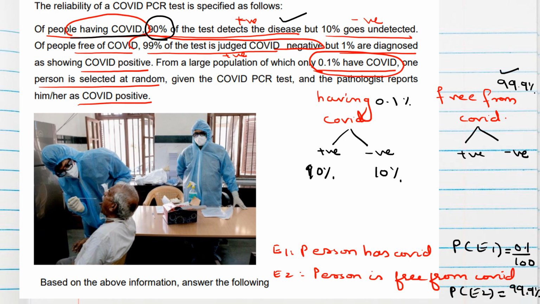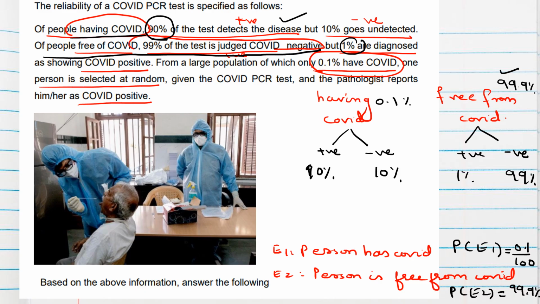Fine. Then people free of COVID, 99% are judged negative. So if free from COVID, negative will be 99%, but 1% are diagnosed positive.